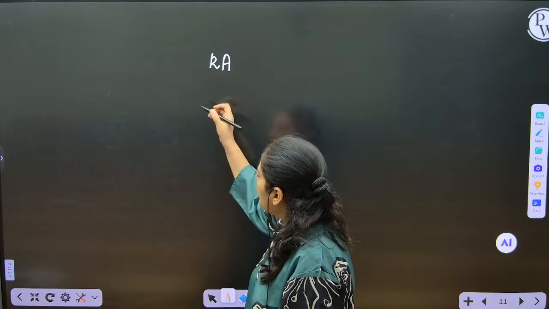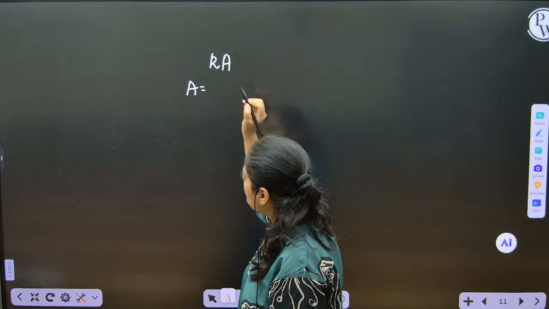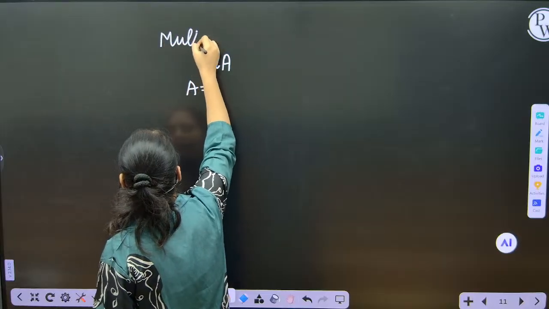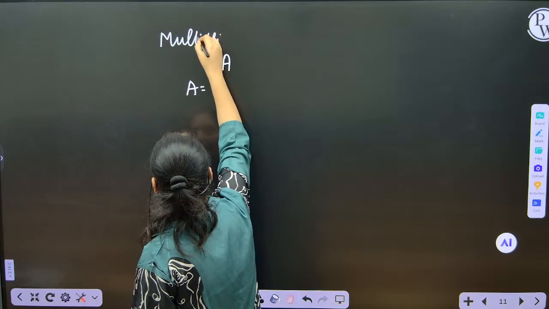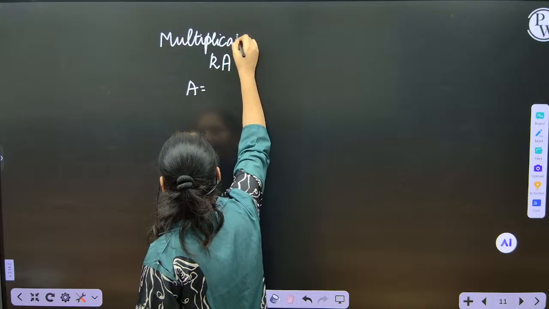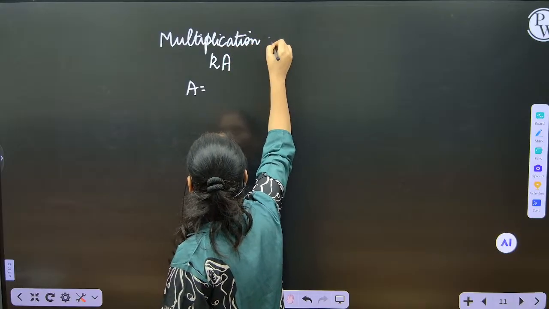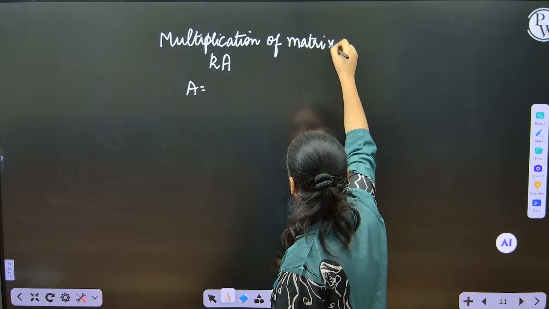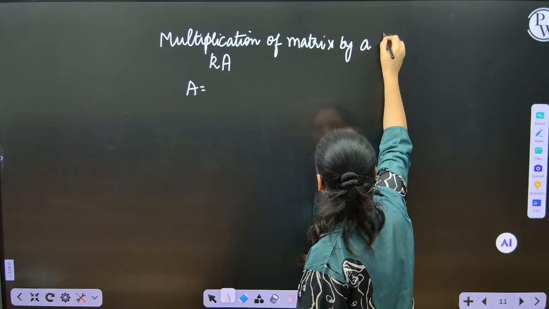Okay. Now suppose A matrix is... multiplication of matrix by a scalar.